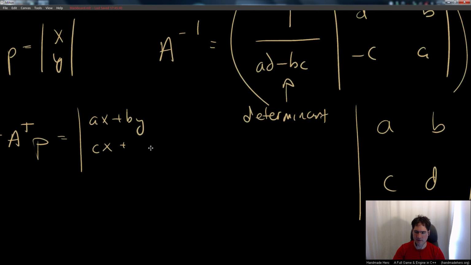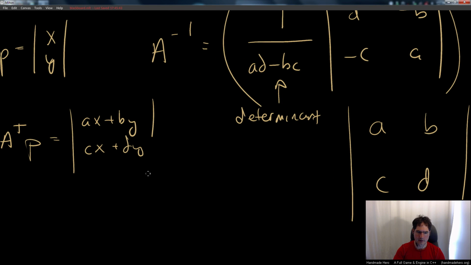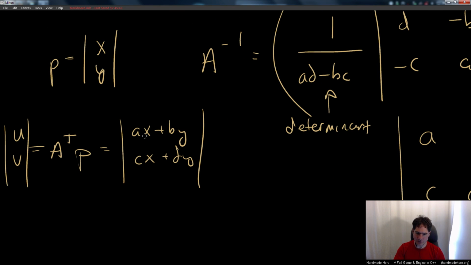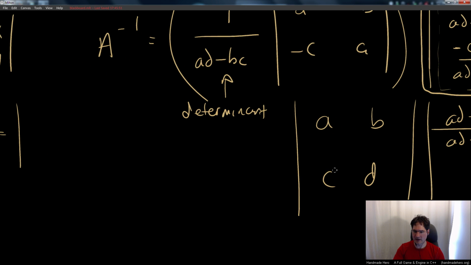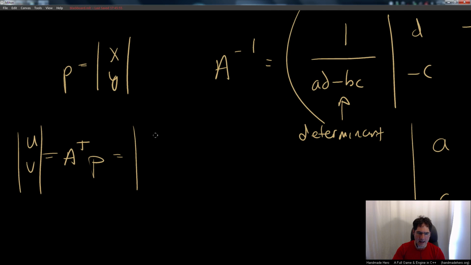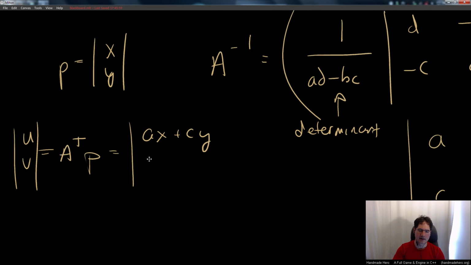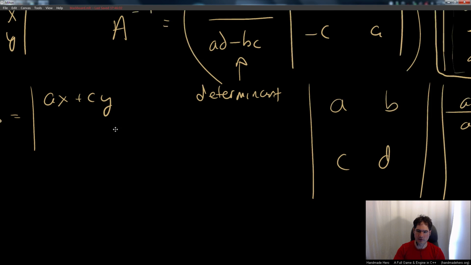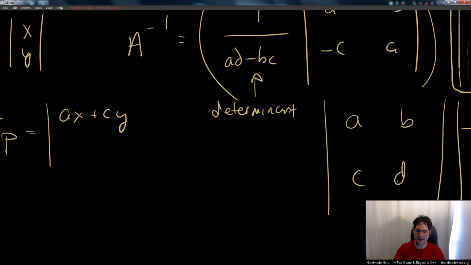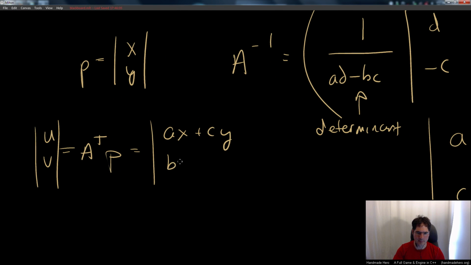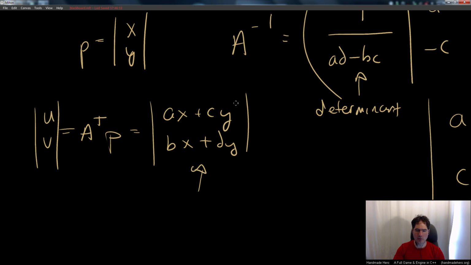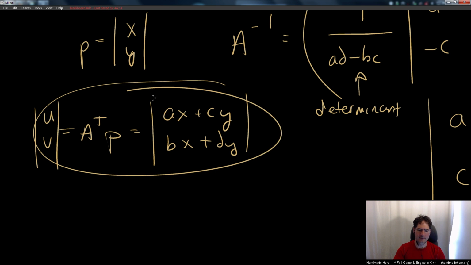And if we transpose it, we're going to flip the C and the B, but the A and D stay in the same place. So that would be AX plus CY, and for the bottom row, BX plus DY. So that's what we were computing, right?